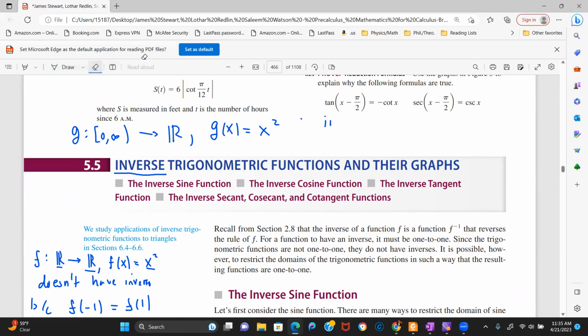If you plot that, it's just half of the parabola, because you're only plotting over the positive numbers. So this does have an inverse, and in fact, the inverse, g inverse of x, you can verify is the square root of x.